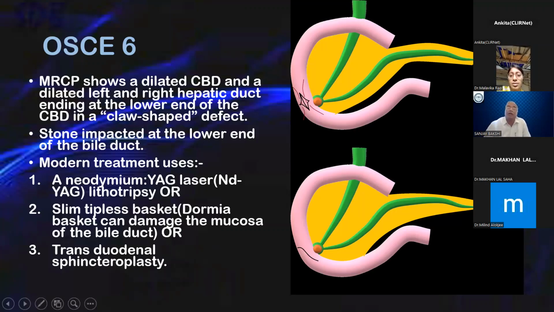The other problem is if you leave the stone, as Professor Shah said, Malvika, the stone sometimes grows in size and then you have a duodenal blockage. Sometimes that is possible. If you have a large stone out here, it sometimes blocks the duodenum, and that is a very unusual symptom.